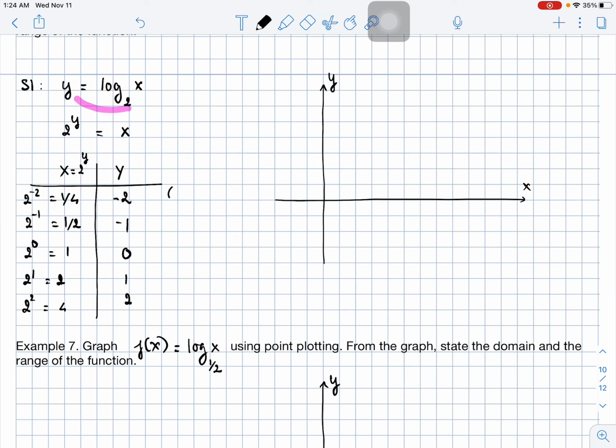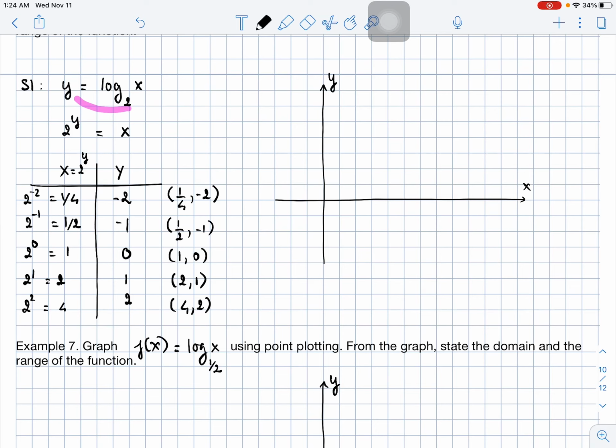Now the points are 1/4, -2. You know that when we make the point, we always write the x first, okay? So 1/2, -1; 1, 0; 2, 1; and 4, 2. Then we plot those points on the graph.